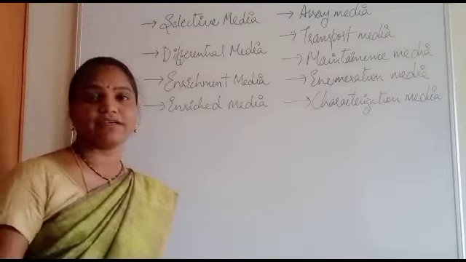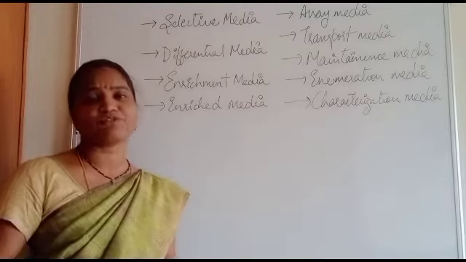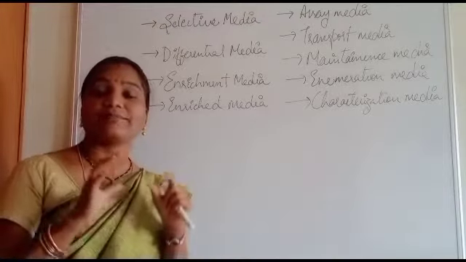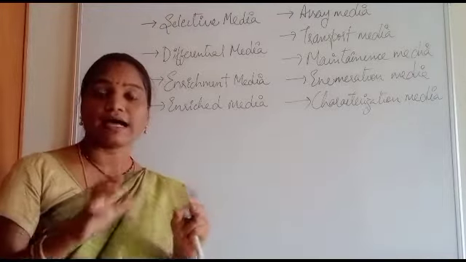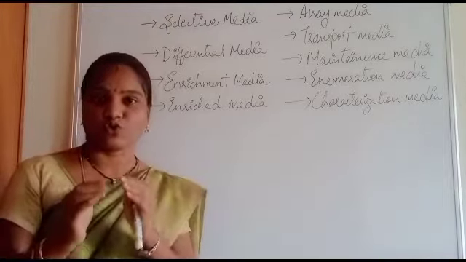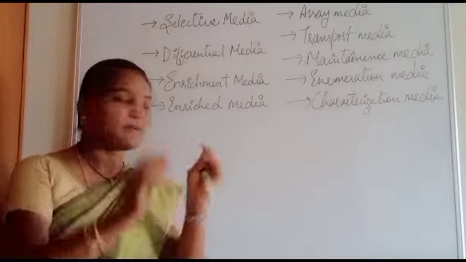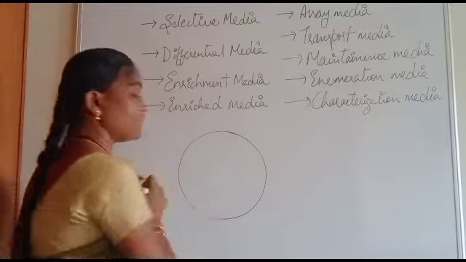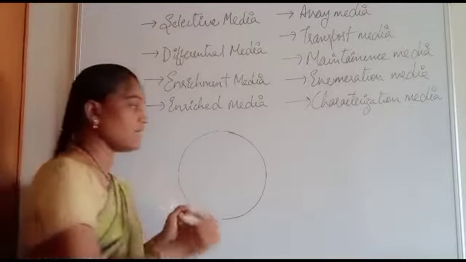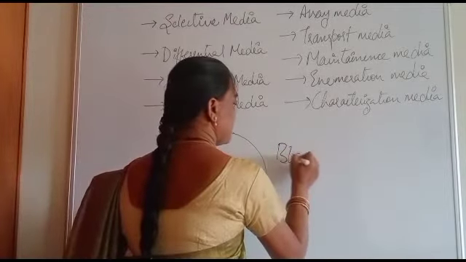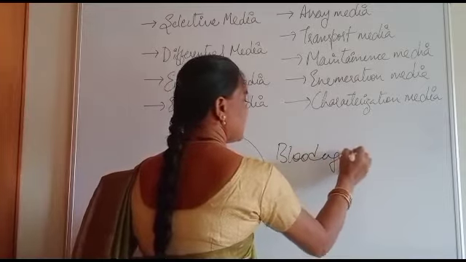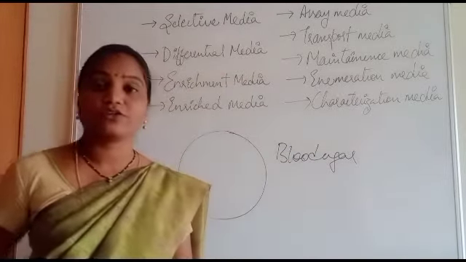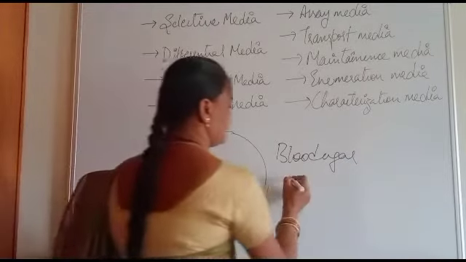In differential media, different types of bacteria, different species of bacteria, can be easily grown and isolated in different zone forms. So this is your Petri plate. In differential media, suppose you are using blood agar. Blood agar is generally used to isolate hemolytic bacteria.